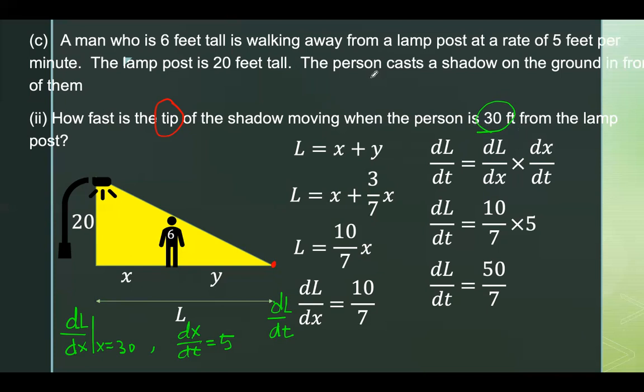The concern here is the height of the lamppost and the height of the person. If let's say the lamppost is 20 feet and I am 5.5 feet, then the tip of my shadow will be less than this, and the rate of my shadow moving is also less than 15 over 7.